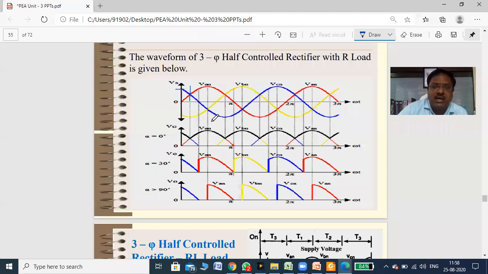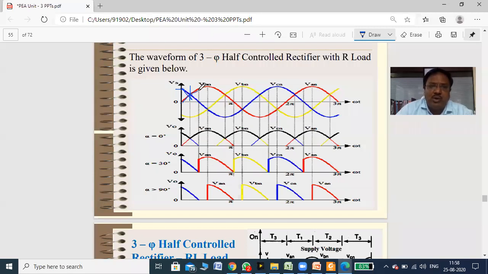So both SCRs are in the off state, and only the SCR of phase C, that is T3, is in forward bias condition. If a triggering pulse is applied, it turns on. As this alpha equal to pi by 6 crosses, you can see phase A becoming more positive and phase C becoming less positive compared to A. So we can start the operation from here.